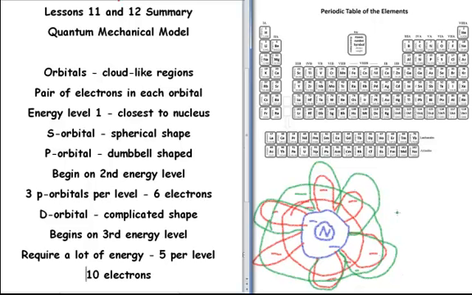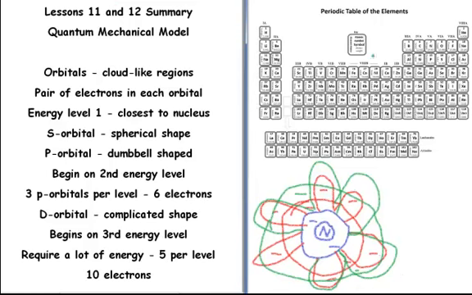The d orbitals, as I said, require a lot of energy. They require so much energy that the electrons don't jump into them immediately, because the electrons, as you remember, prefer to be in the lowest possible energy state. And s orbitals require quite a bit less energy than d orbitals. So much so that the s orbital up on the 4th energy level requires less energy than the d orbital up on the 3rd energy level.